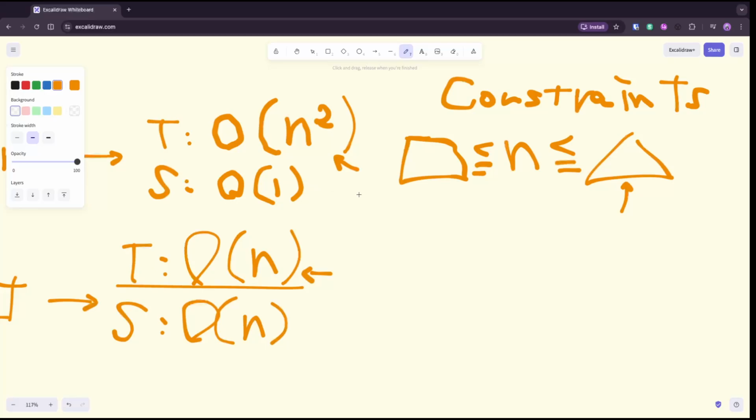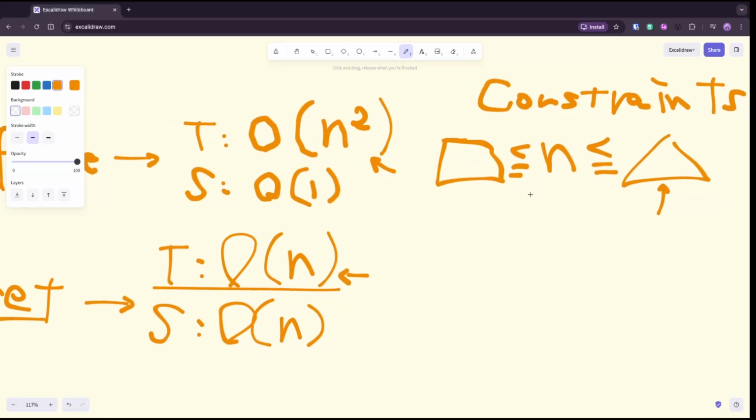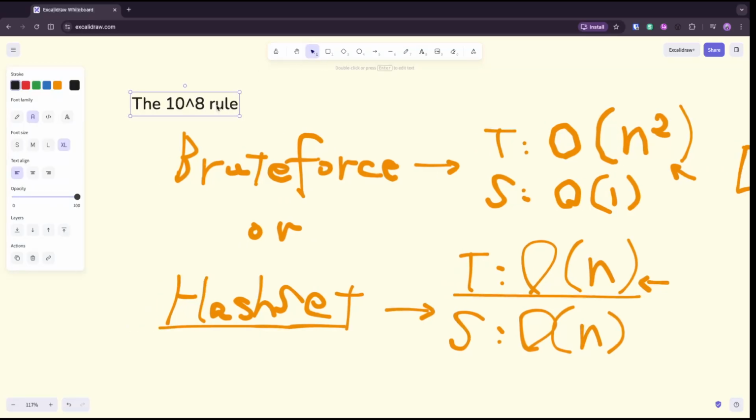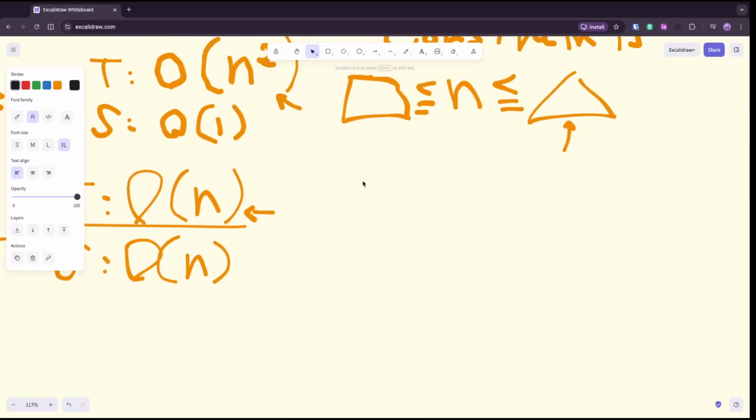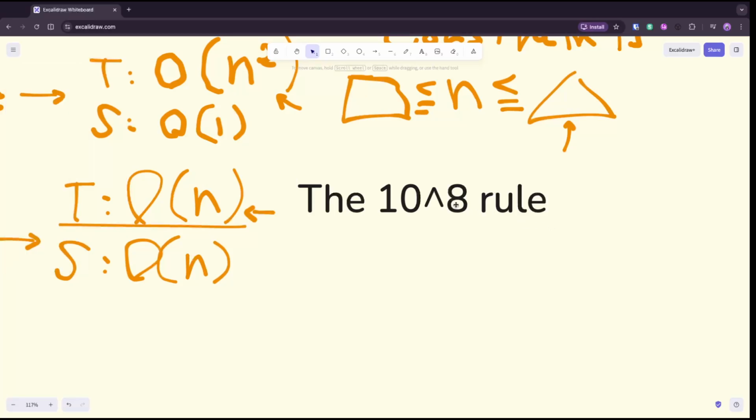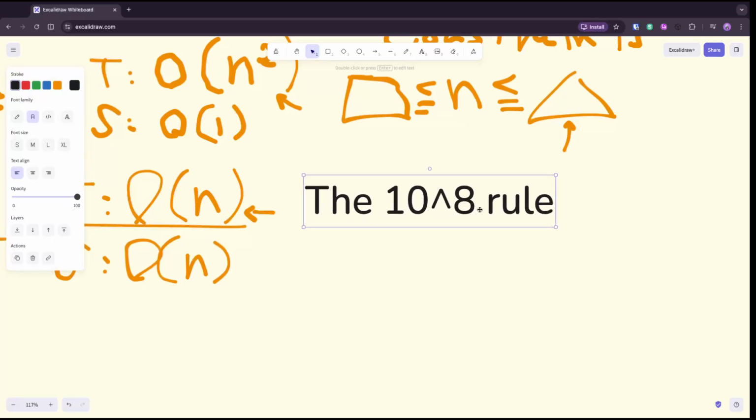So here is the 10 to the power of 8 rule.